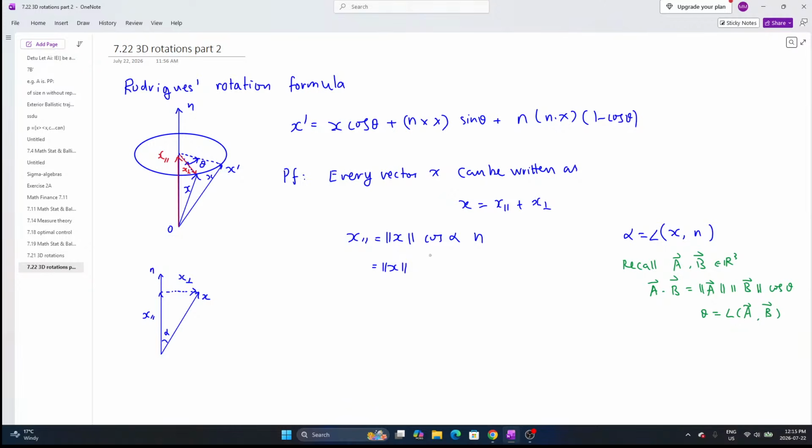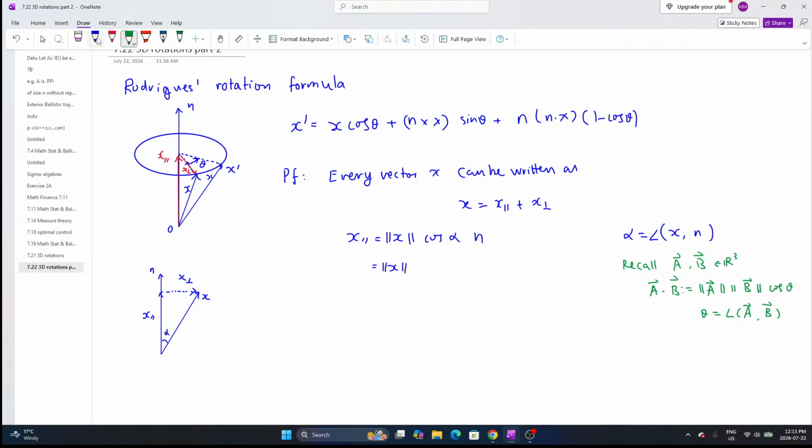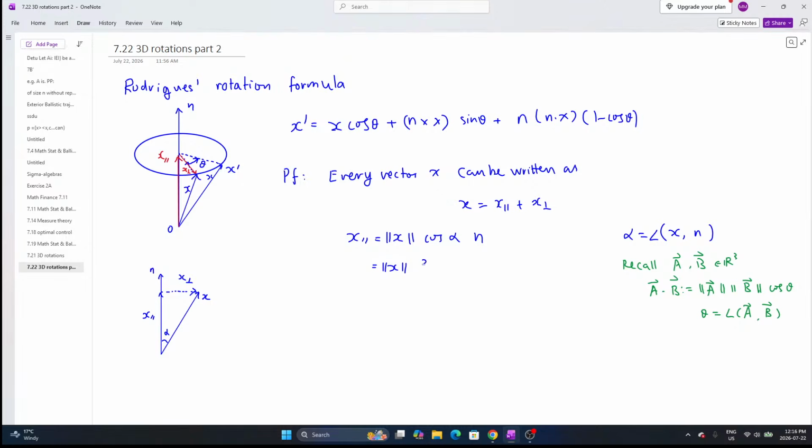Okay, so here from this definition of the dot product, you can solve for cosine of alpha simply by considering the dot product between x and n. So let's do that. Cosine of alpha, of course, is just x dot with n over x norm or length times n norm. Okay.